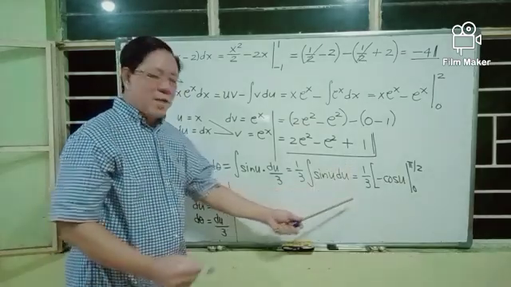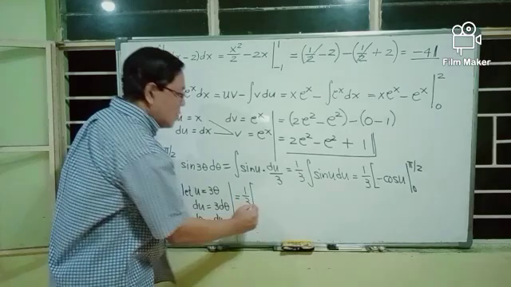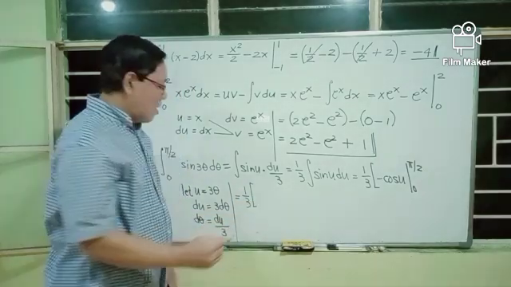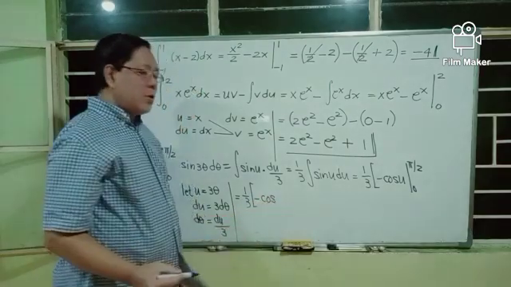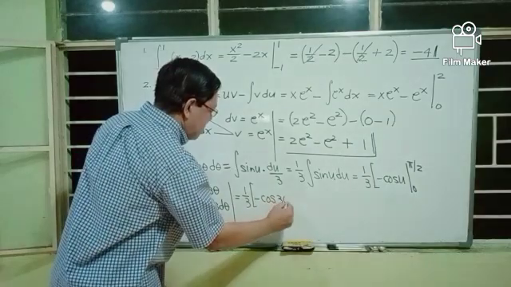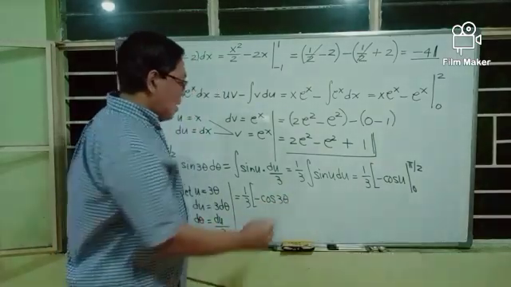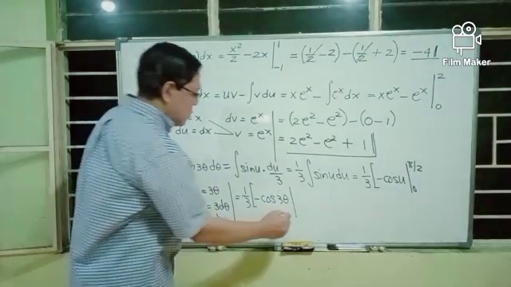We have 1 over 3 multiplied by negative cosine of 3 theta, evaluated from 0 to pi over 2.